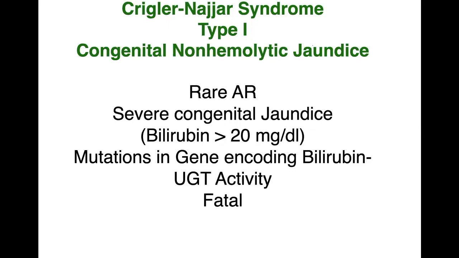Now, last diseases, Crigler-Najjar syndrome. There is type 1 and type 2. Let's start with type 1. Crigler-Najjar syndrome type 1 is also known as congenital non-hemolytic jaundice. This is a rare autosomal recessive disease which presents with severe congenital jaundice, defined as kernicterus or bilirubin levels in excess of 20 milligrams per dL.